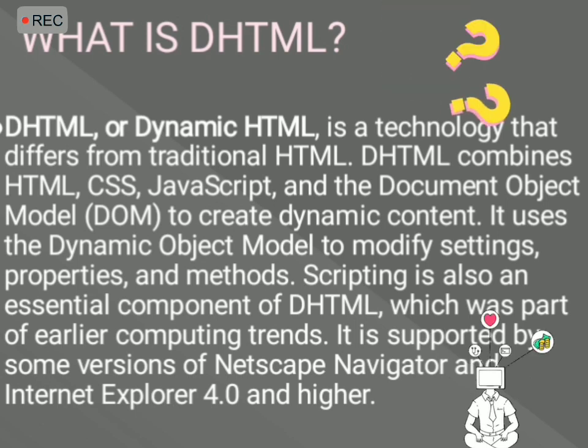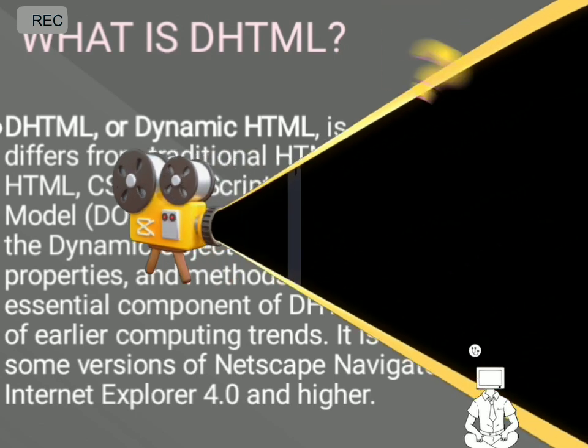It uses the dynamic object model to modify settings, properties, and methods. Scripting is also an essential component of DHTML, which was part of earlier computing trends. It is supported by some versions of Netscape Navigator and Internet Explorer 4.0 and higher.